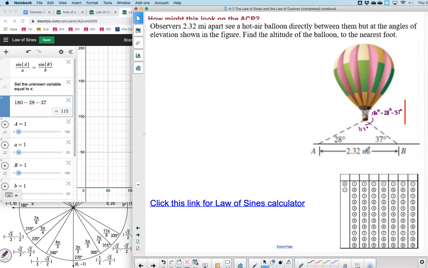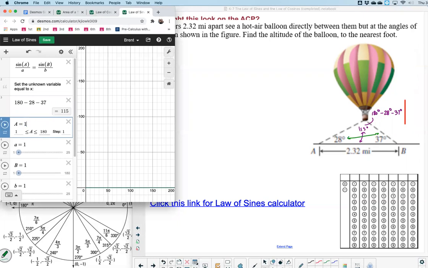Now that I have a completed set, I'm going to solve for a side length. So let's just solve for the one across from the 28. I'll come to my completed set here. I have an angle of 115 degrees, and its side length is 2.32 miles. Where it says to the nearest foot, we'll have to take that into account in a second.